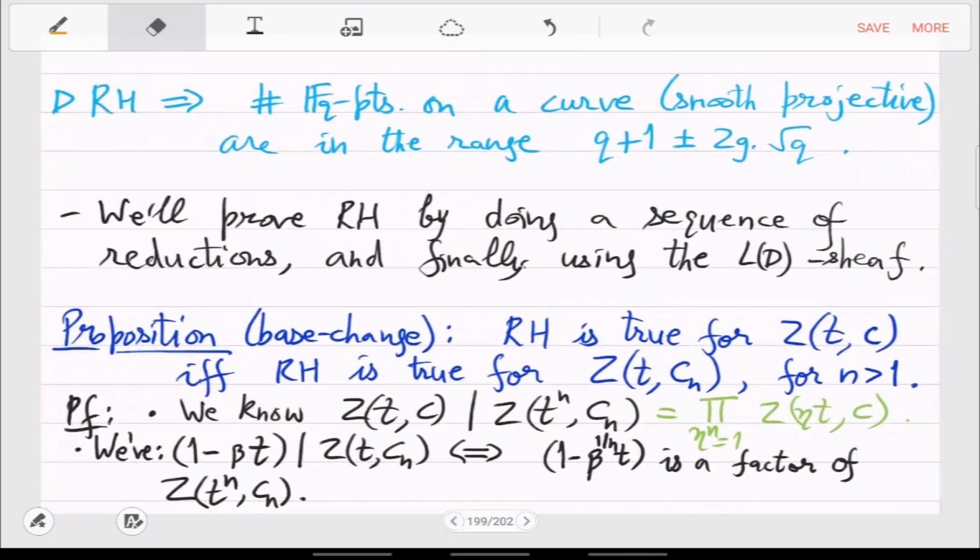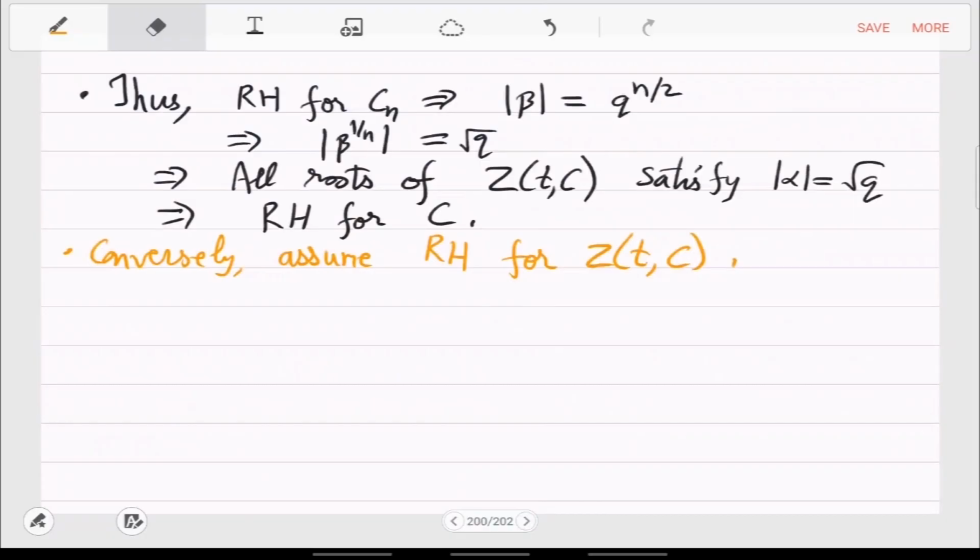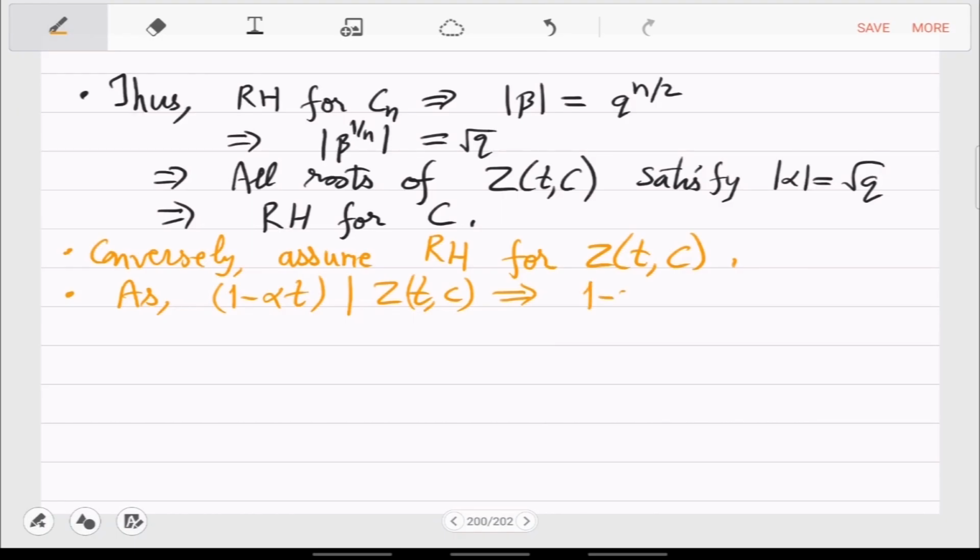You have to utilize this Z(eta t, C). All roots are from alpha eta raised to k, where alpha comes from Z(t, C). Yeah, let's write that down. So as 1 minus alpha t divides Z(t, C), this implies that 1 minus alpha eta t divides Z(eta t, C).